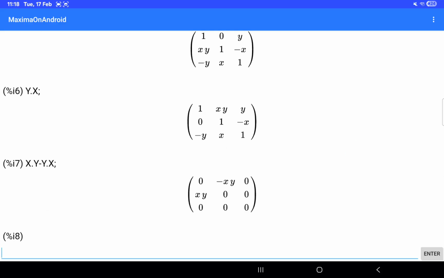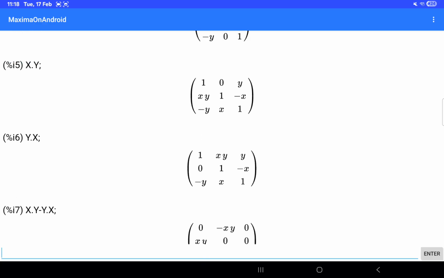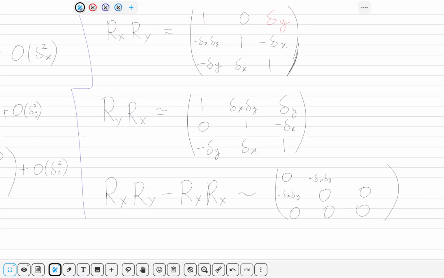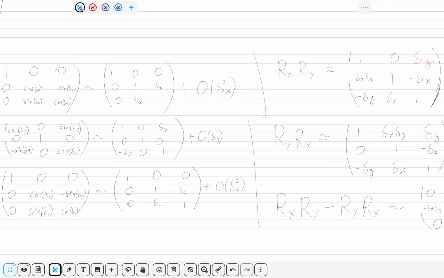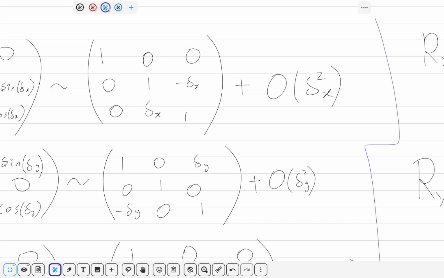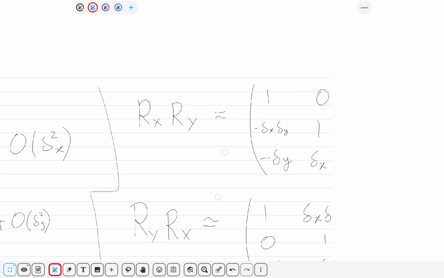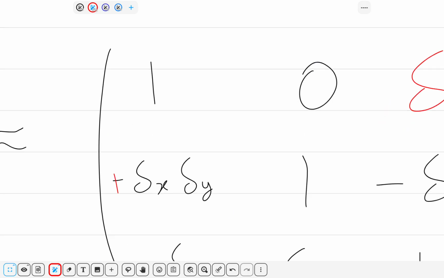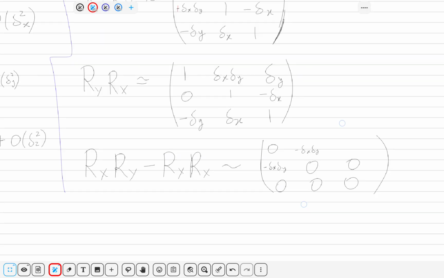Again an arithmetic mistake I made, I guess. xy, yx. Now, okay, again an arithmetic error. Minus times minus becomes plus. Fine. This is a plus here. No minus sign.